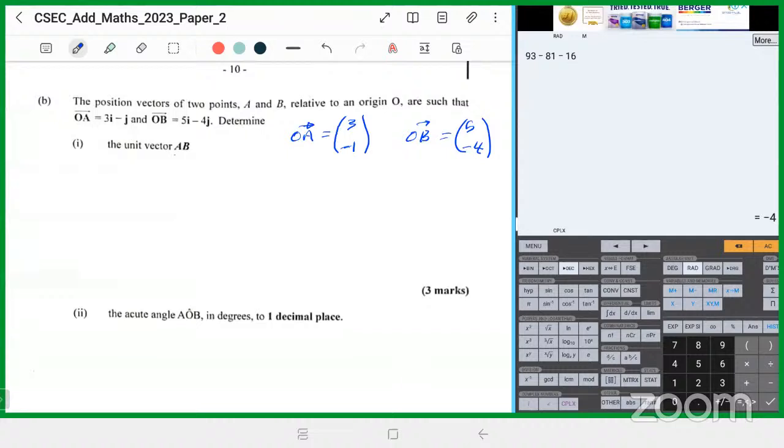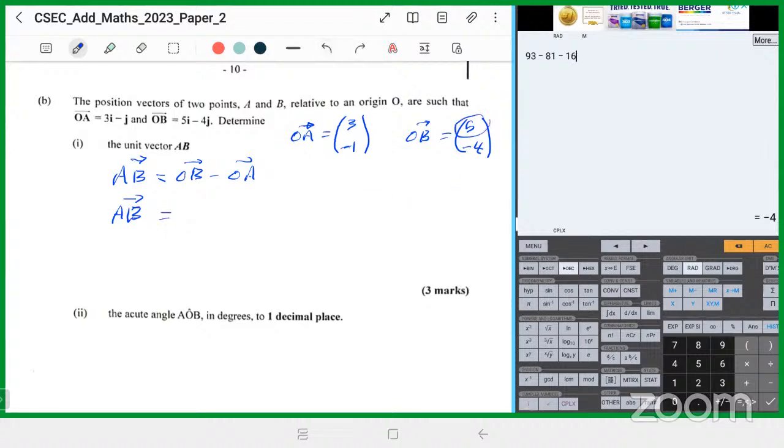Simple as that. So what is the vector AB? The vector AB is simply OB minus OA. That is O times the last minus O times the first. And so we calculate the displacement vector quickly. So the vector AB: we're going to subtract the values. I'm doing this vector minus this vector.